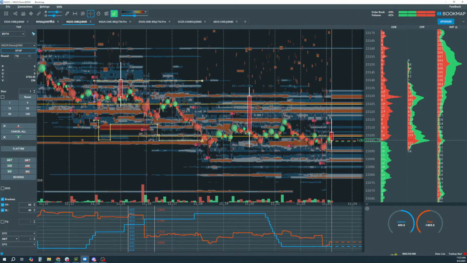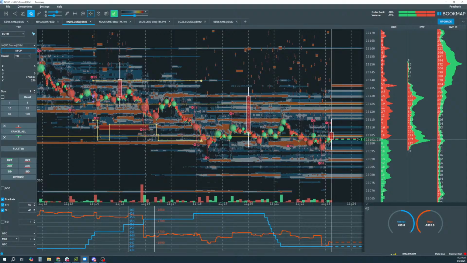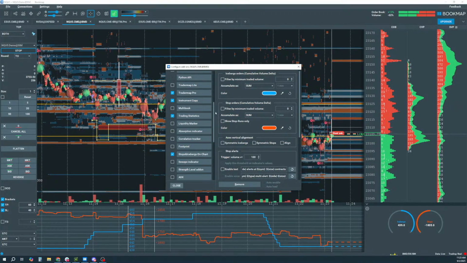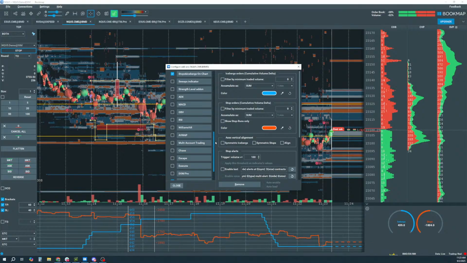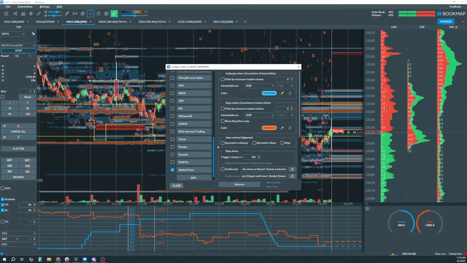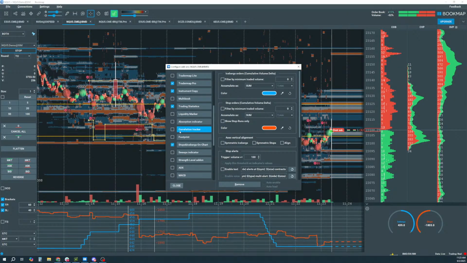Or another thing too, take a look at here, is put on our correlation tracker. And we can throw NVIDIA on here.